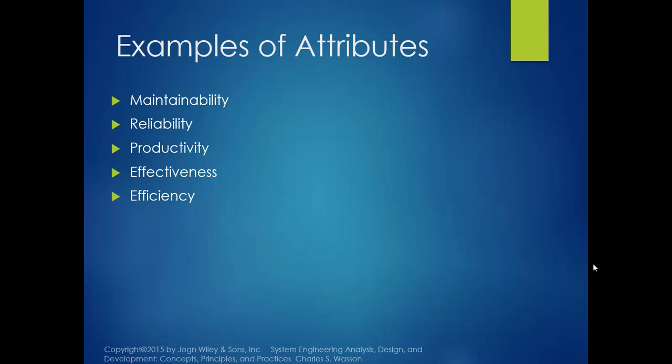Also, for productivity, I would like to know how much output I would get from a certain input. Usually, productivity is the output divided by the input, and this is how I know whether I'm productive or not.